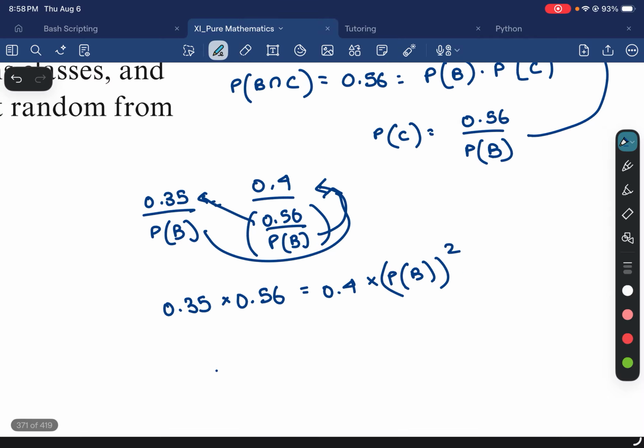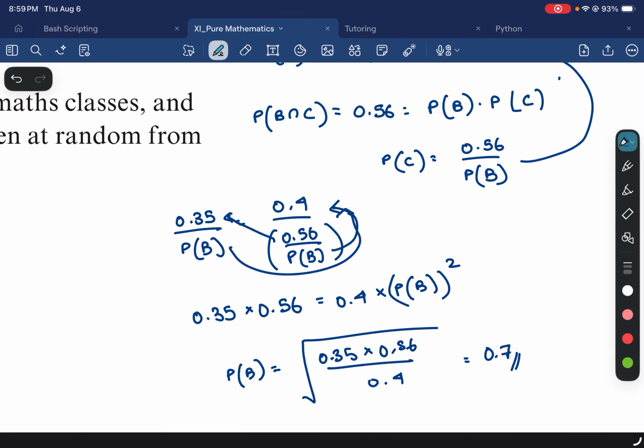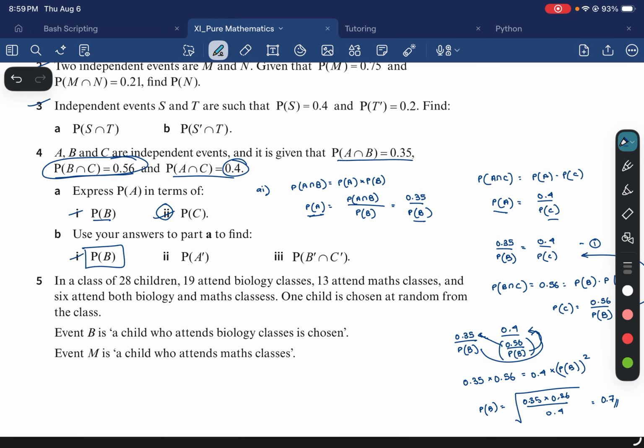So from this, if you calculate P(B), P(B) is going to be the square root of 0.35 times 0.56 divided by 0.4. And if you take the square root, that gives you 0.7. All right, so you know the value of P(B). It is 0.7. All right.